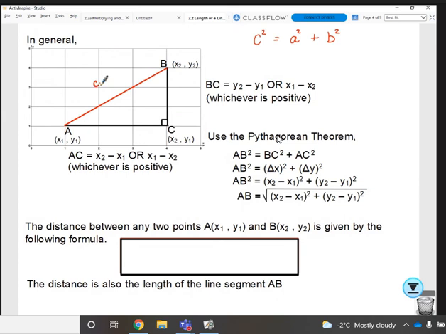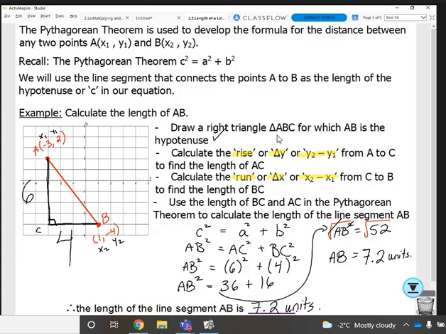This side length here could be B; I always use B for bottom. And this side length here is going to be A. Before, it was so nice because we were able to just count: 1, 2, 3, 4, 5, 6, that's 6 units, and this one here, 1, 2, 3, 4, that's 4 units.